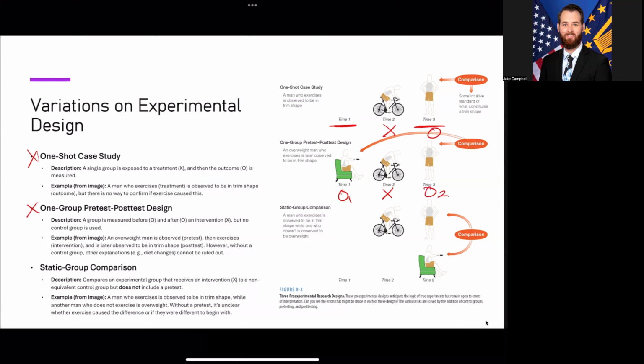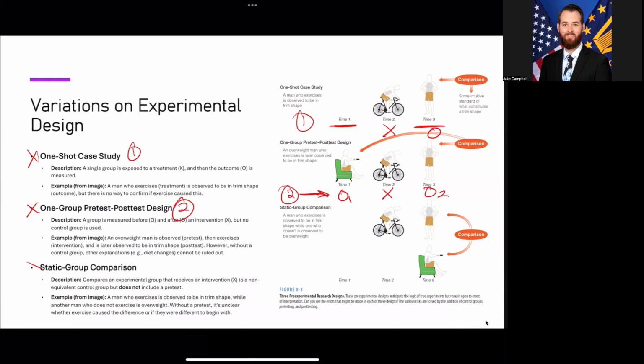That may be a result of the exercise, but it may be the result of other things like diet changes, or maybe they're exercising because they also enrolled in some type of counseling, nutrition, wellness program, and so that is actually secondary to something else that is causing the result. So we don't always know, but we can see, in this research design here, example number one here, example number two here.